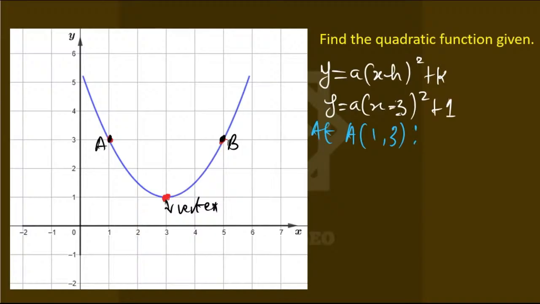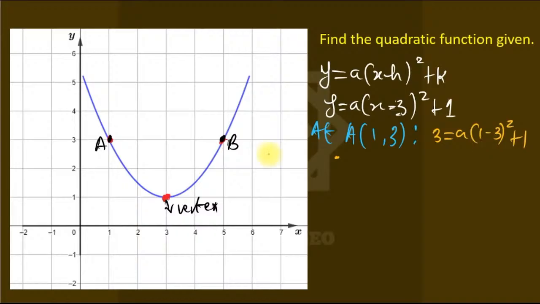So let's substitute. Wherever I see y, call it 3, and wherever I see x, call it 1. So I have 3 equals a times (1 minus 3) all squared plus 1. Y is 3 and x is 1.